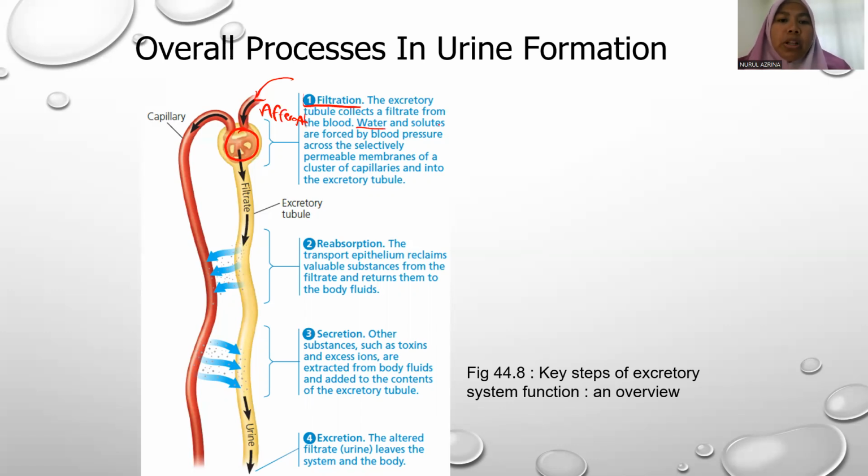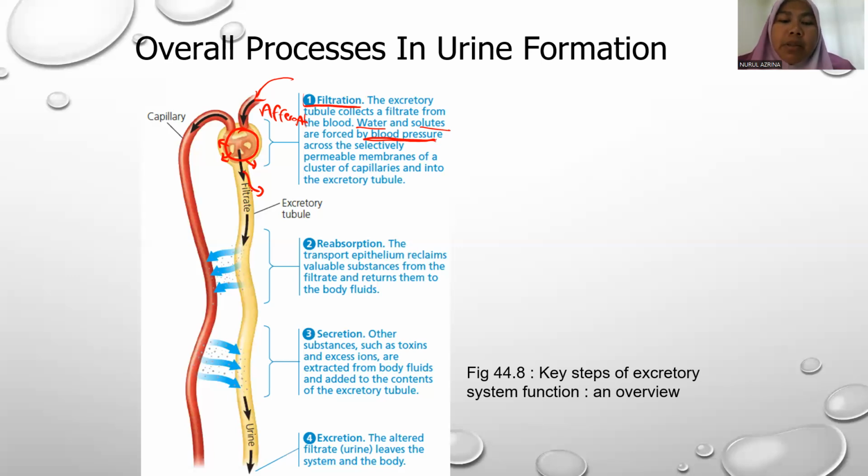Water and solutes are forced, mainly by blood pressure, to cross the selectively permeable membrane due to the difference in pressure. From the glomerular capillary, it is filtered into the Bowman's capsule and then into the excretory tubules. That is generally what happens in filtration.